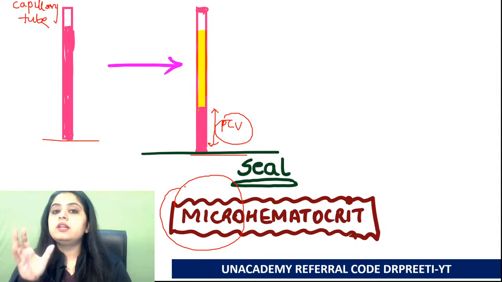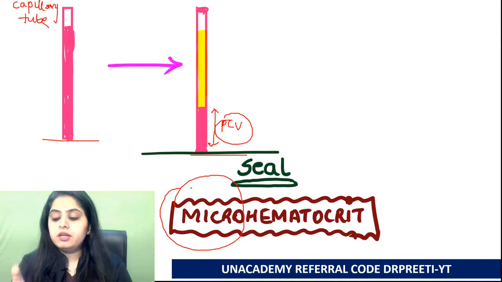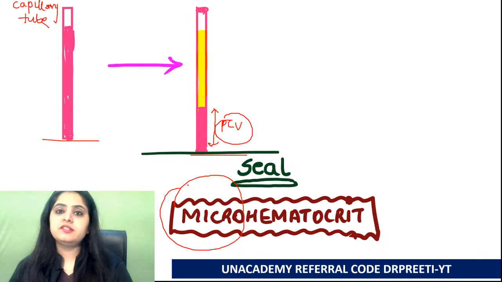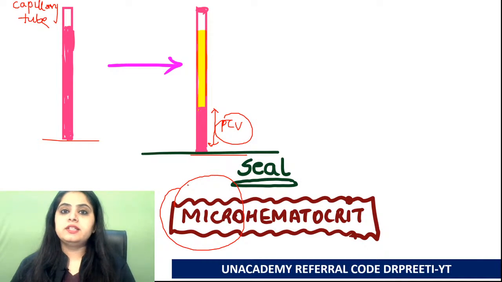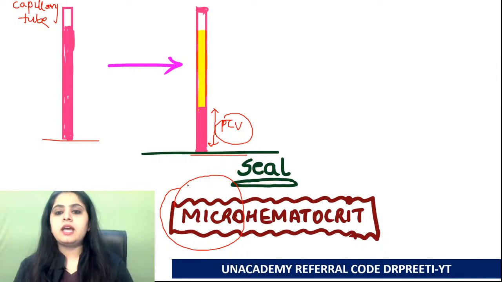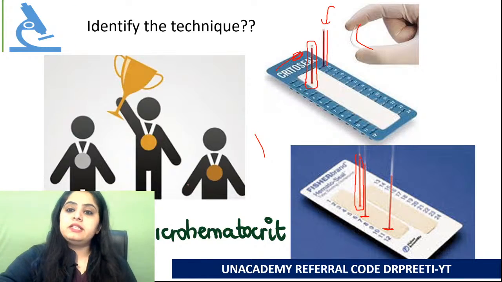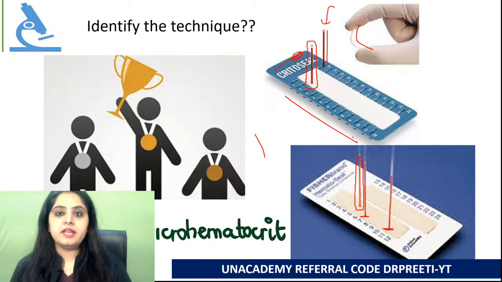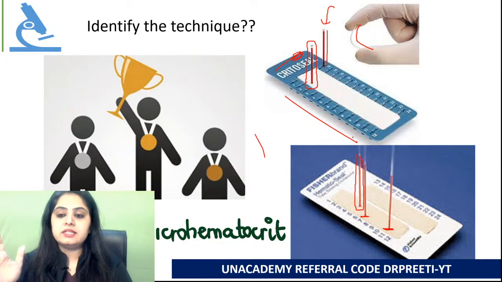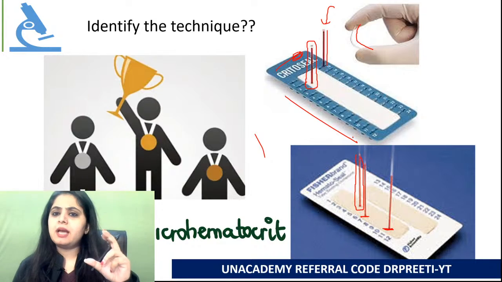So I'm not going to call it hematocrit or Wintrobe's, I'll call it microhematocrit. This is very commonly done bedside. Even the residents can do this, because all they need to do is take a finger prick, fill the capillary tube, put it on a sealant and read it after 1 hour. Obviously the readings are different. You've got different scales to read how much it has fallen. All of that is calculations, which is not required at this point. But yes, a small capillary tube.